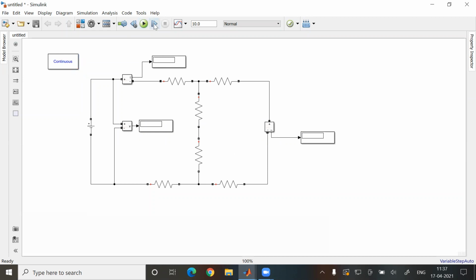So I am running it. Just read the values, and you have to solve and draw this circuit as well. Just take the readings. This is your I1.